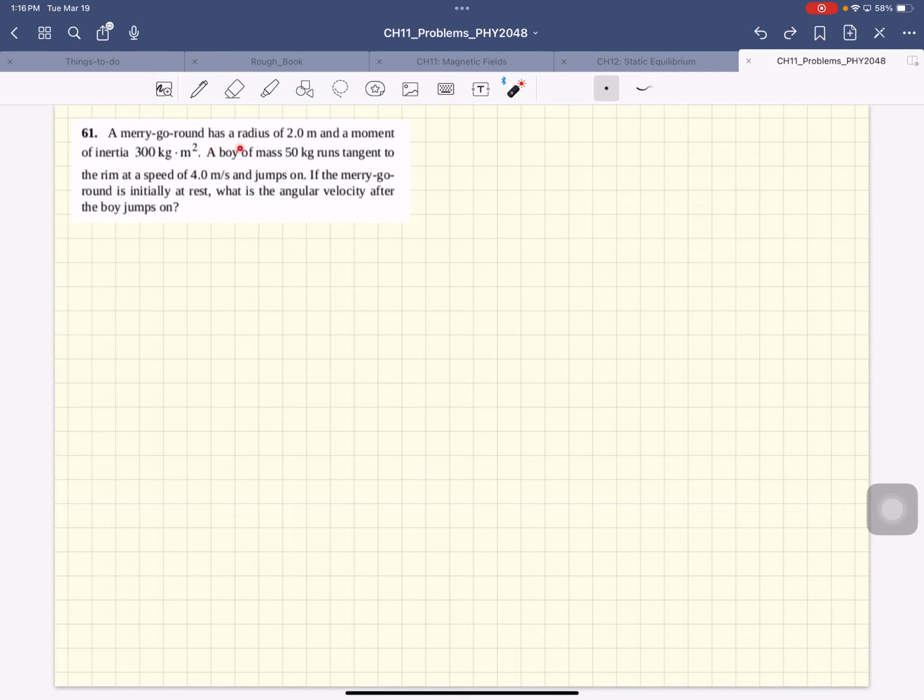So a merry-go-round has a radius of 2 meters and a moment of inertia of 300 kg meter squared. A boy of mass 50 kg runs tangent to the rim at a speed of 4 meters per second and jumps on.